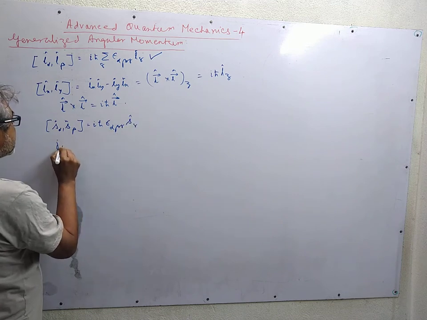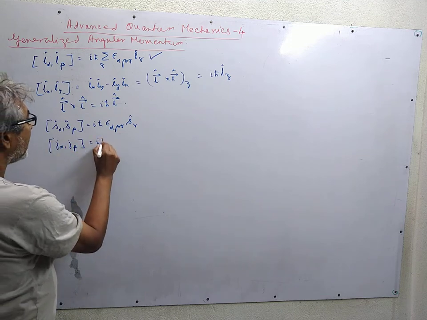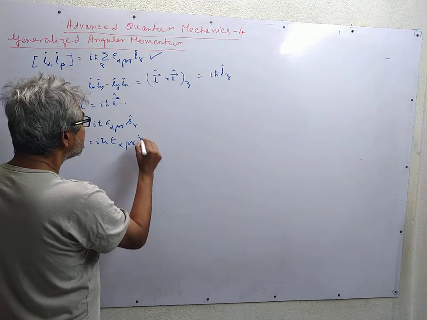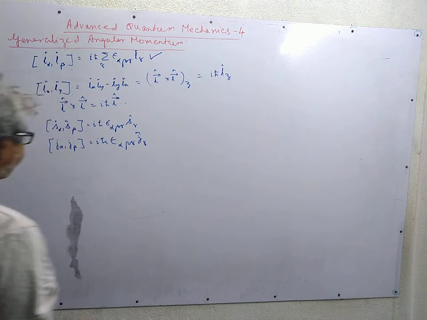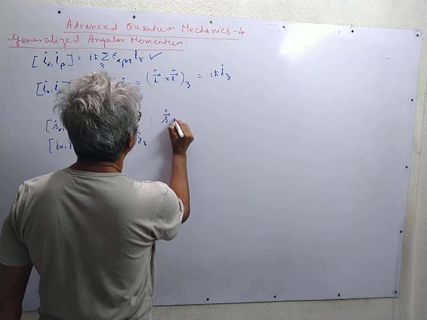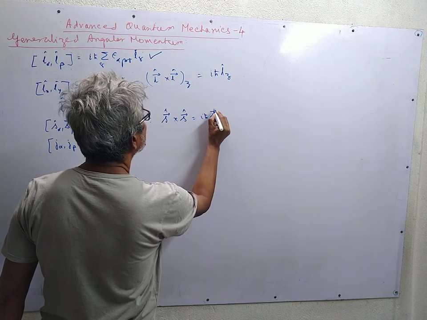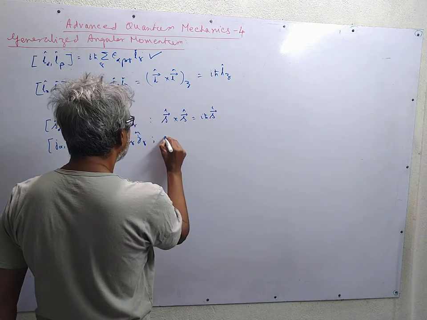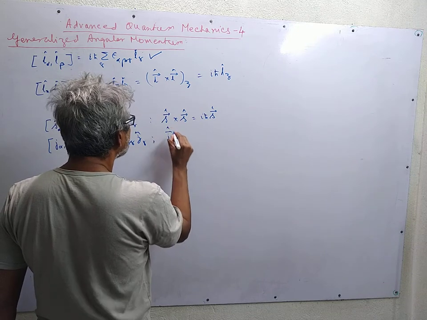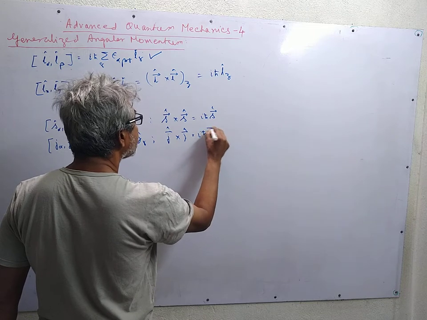And for J it is [J alpha, J beta] equal to i h-bar epsilon alpha beta gamma J gamma. Alternatively, we can write S vector operator cross S vector operator is equal to i h-bar S operator, and for J vector operator crossed with J vector operator is equal to i h-bar J vector operator.